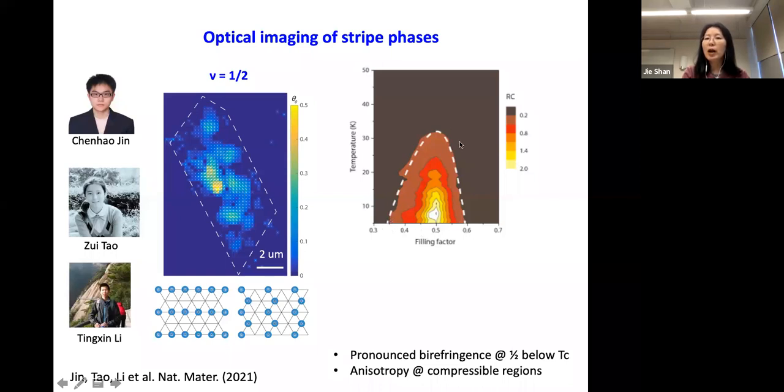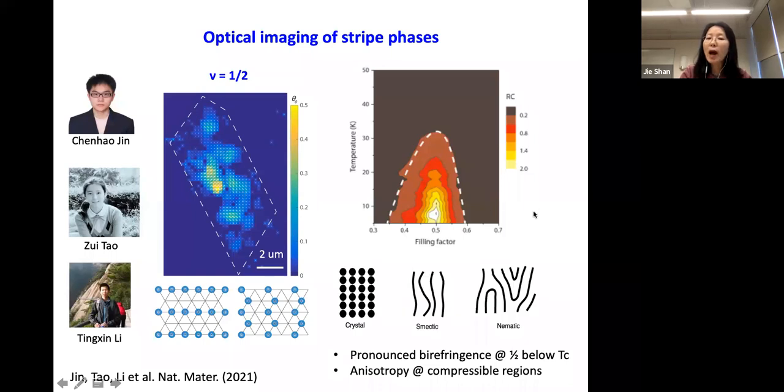It actually has a huge distribution over the entire range of filling factor, from a little bit over 0.3 to a little bit below 0.6. And when you warm up, they disappear. That's the melting temperature of these crystals, and they are consistent with other optical measurements. So what we have is not just those striped crystals, we also have this liquid crystalline phase.